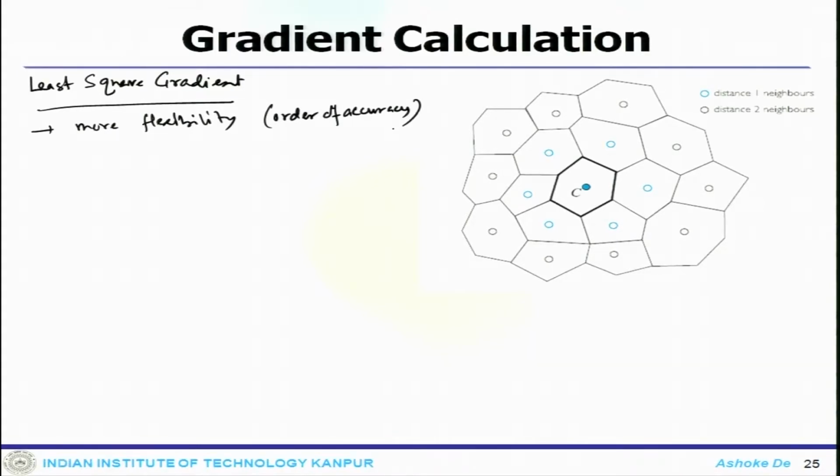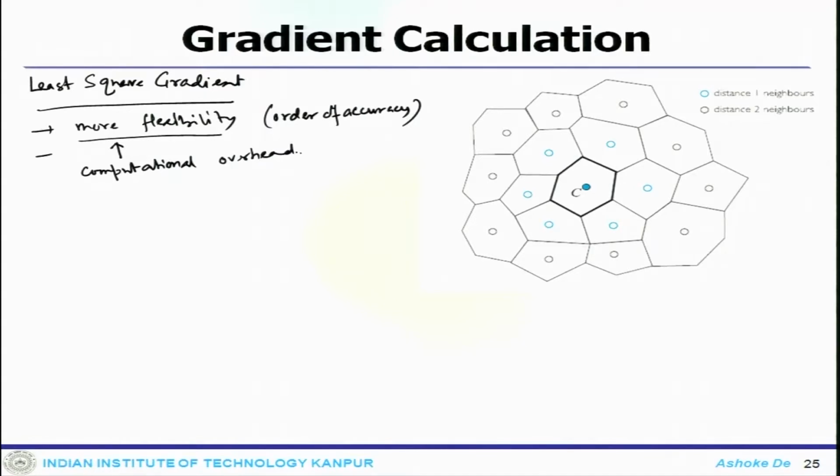In the least square method, the divergence based gradient can be recovered as a special case. That is one of the advantages of this least square method. And when we talk about flexibility, it brings some flexibility to the table, but it actually comes at a certain cost. As proper weighting is needed for the stencil terms, the computation of weights adds some computational cost.